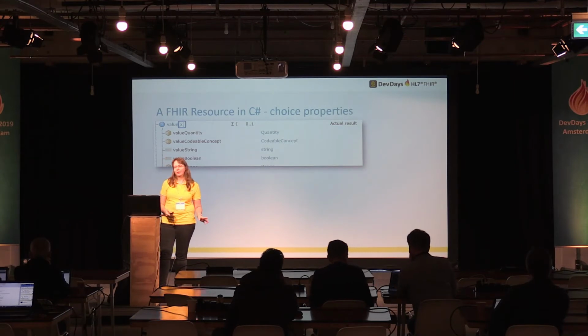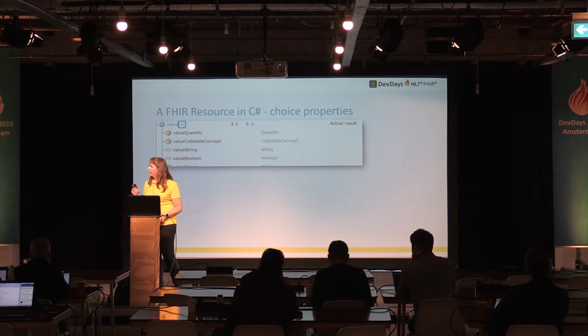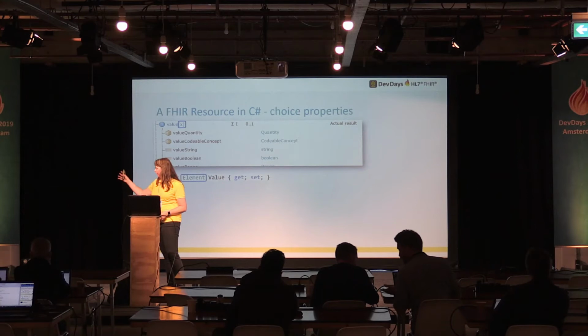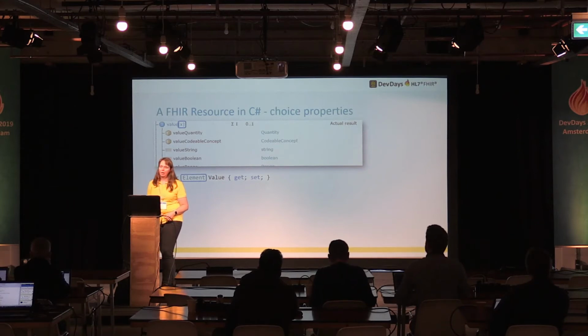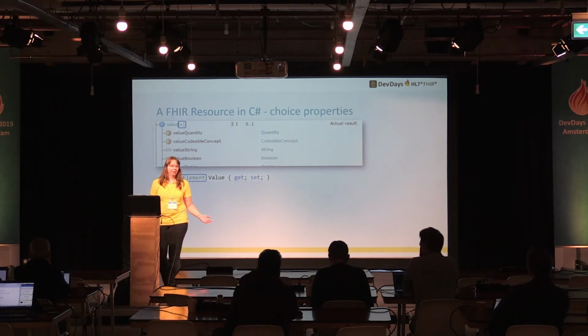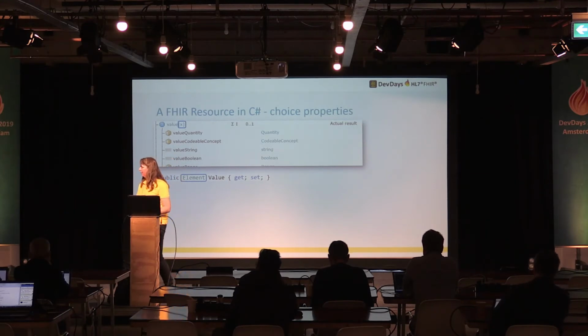If you encounter these choice properties in FHIR, then in the .NET library, you will see that these attributes are of type element. Because the FHIR specification or the FHIR library doesn't know beforehand what kind of data type you will put in. So you will have to fill it in by first choosing a data type yourself and then filling in this value field with that data type.